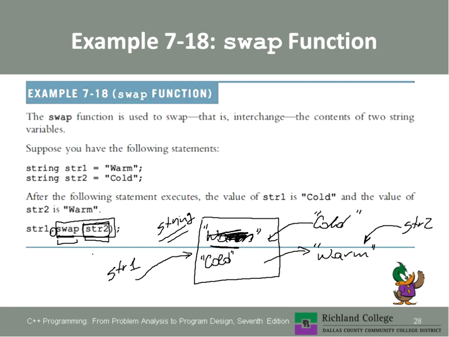So what do you think about this string 2? Well, it seems like string 2 is really a reference parameter, right? What do we mean by reference parameter? When we are inside this box where warm was stored originally, and we make the swap, we are referring back to the reference of string 2. We can make changes to that string 2 because we know the memory location where string 2 resides.